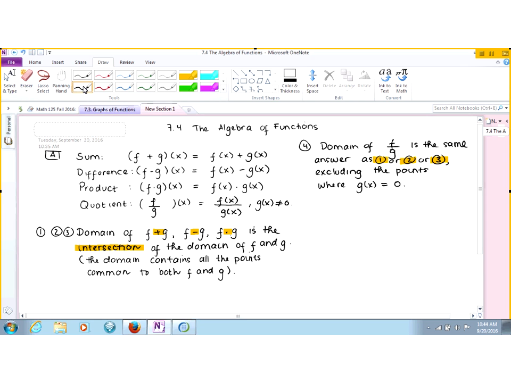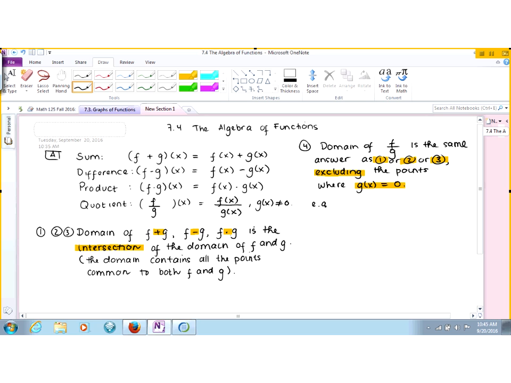Okay. So it's excluding the point where g of x equals 0. Why do I have to exclude where g of x equals 0? The denominator cannot be 0. Yes, that's right. Did we talk about interval notation? Yeah. Oh, we did? Okay, good. So we could actually use it here. Yeah. All right.